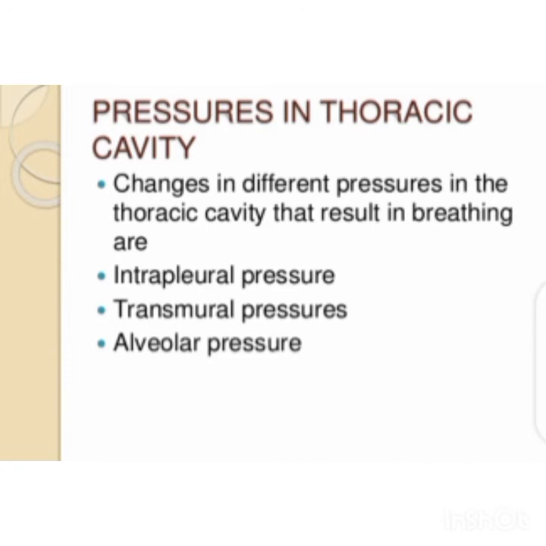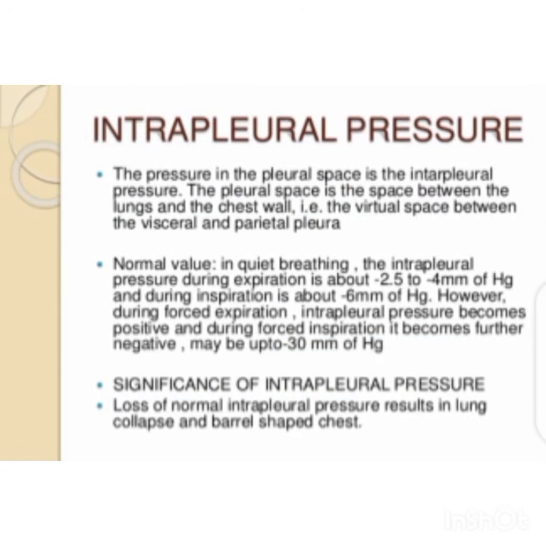Those are the basic pressures in the thoracic cavity. Now, intrapleural pressure. The pressure in the pleural space is the intrapleural pressure. The pleural space is the space between the lungs and the chest wall, that is the potential space between the visceral and the parietal pleura.